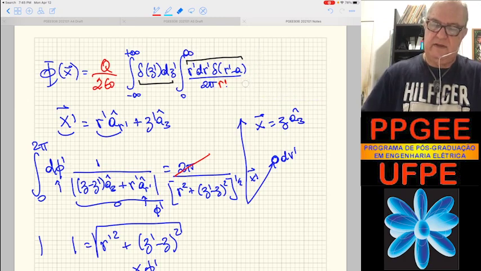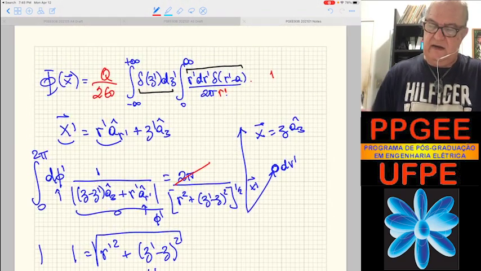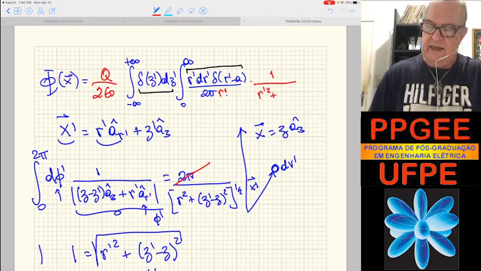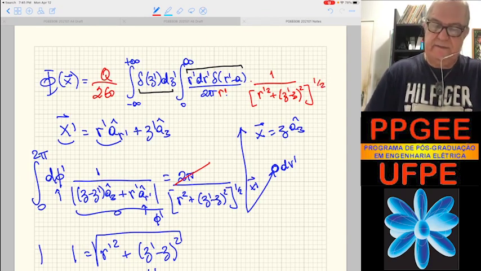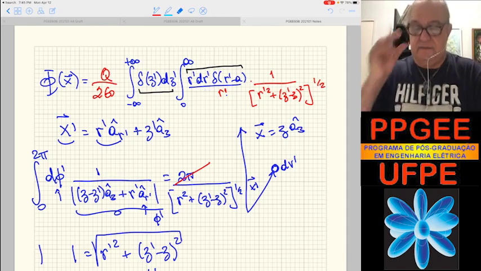So the result was, I'm going to put it in red so you can see what we did, 1 over (r prime squared plus (z prime minus z) squared) to the 3/2. This 2 pi, in fact, there's no 2 pi anymore, okay? The next integral is in r prime.